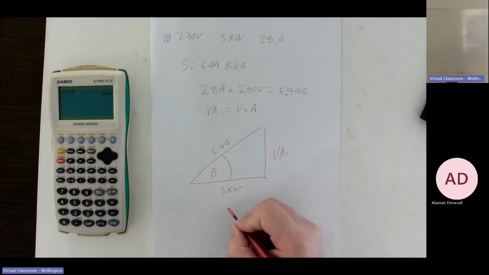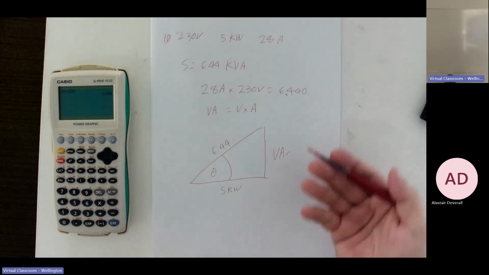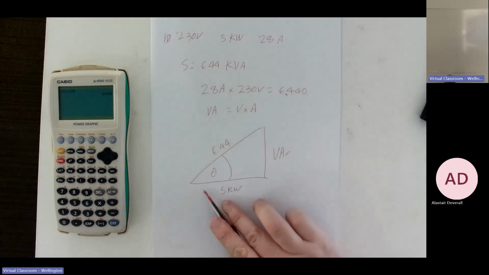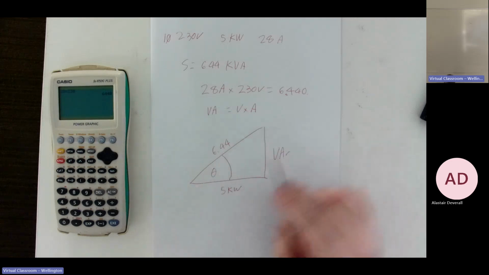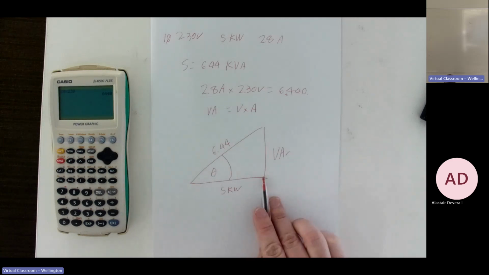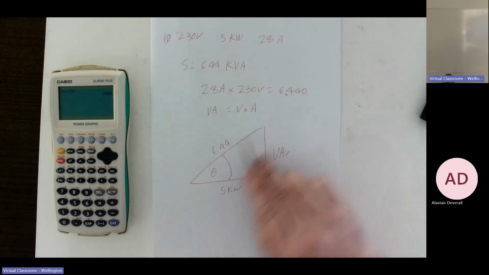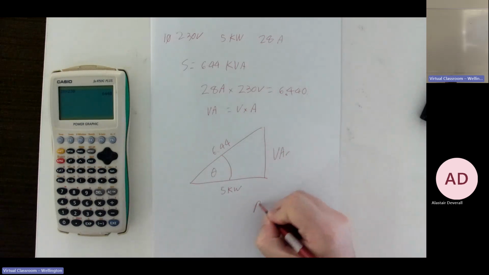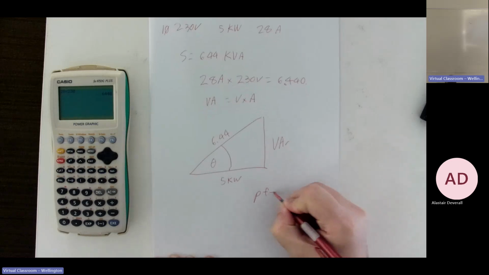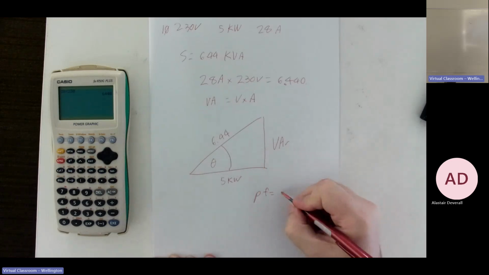One of the things to remember is power factor will always be 1 or less. The reason for that is the watts line and the VA line. If power factor is 1, it is the same. If it is less than 1, the VA gets bigger. So you can always remember the order of this: power factor equals watts over VA.